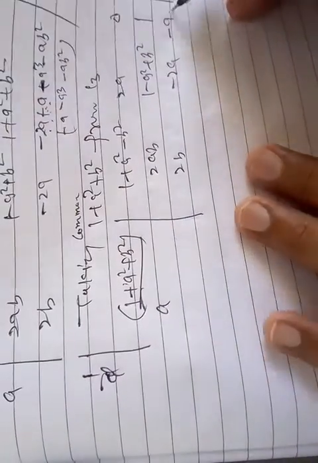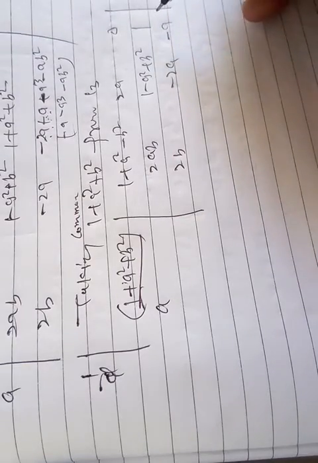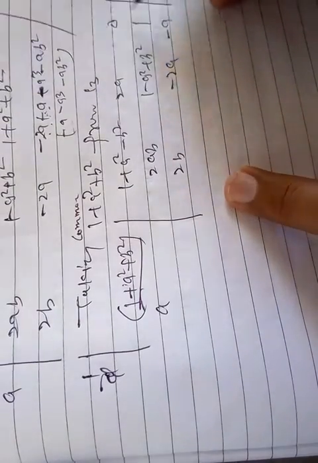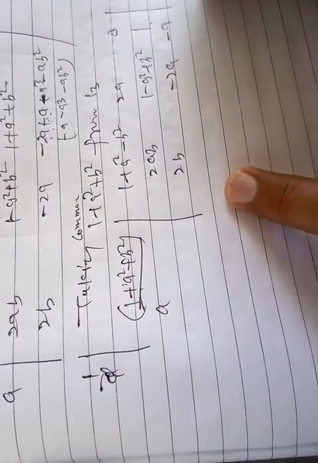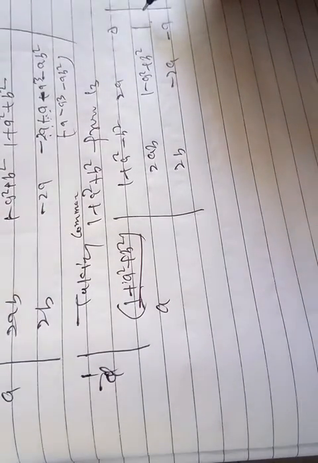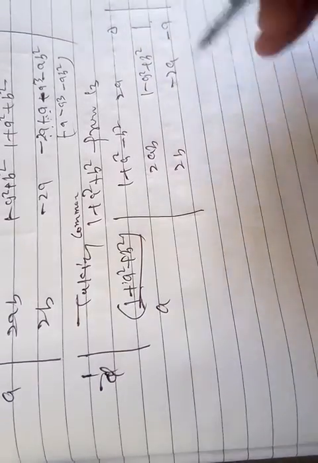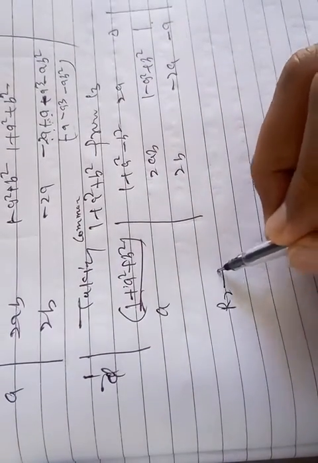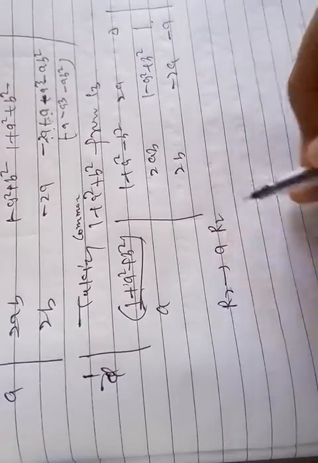Okay, minus a, so multiply by, suppose this change to 0. Okay, so multiply by a, R2 changes to a multiplied by R2.